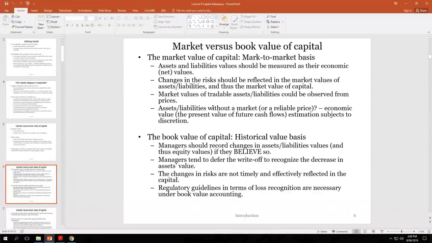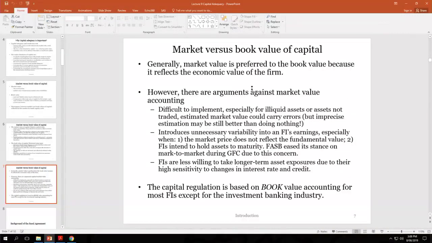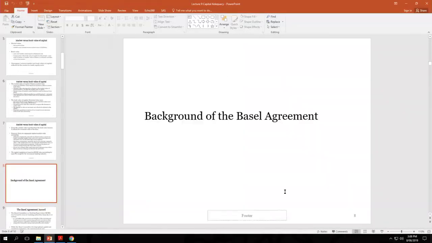This is because market value accounting, although it's very accurate, has a lot of issues. These couple of slides talk about the problems with market value accounting and why we still base most of the rules on book value accounting.